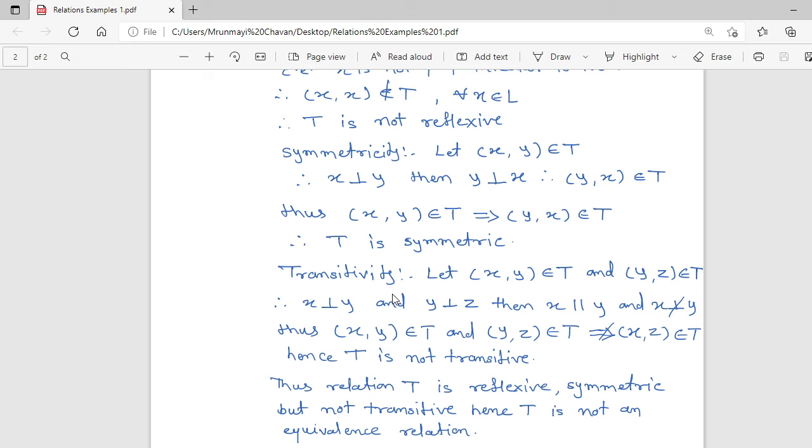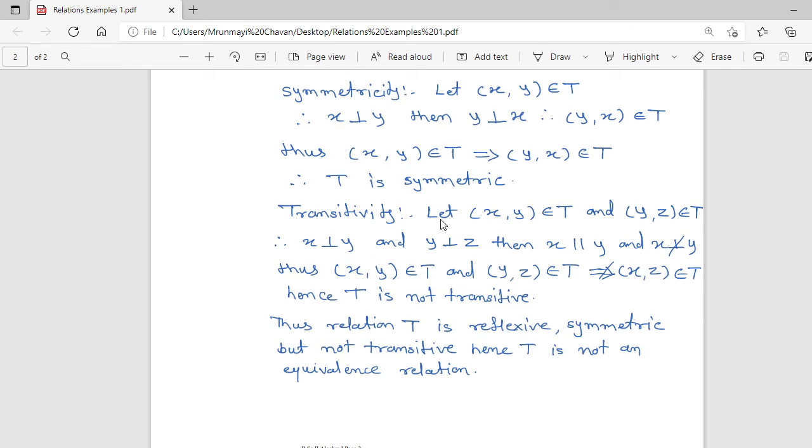Similarly, for symmetry, let (x,y) belong to T, that means x is perpendicular to y. Then y is also perpendicular to x, that means (y,x) belongs to T. Thus, (x,y) belongs to T implies that (y,x) belongs to T. Therefore, T is symmetric relation.